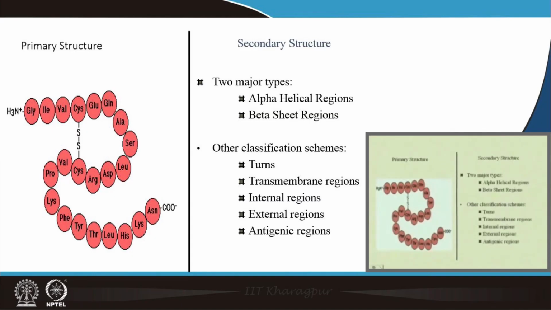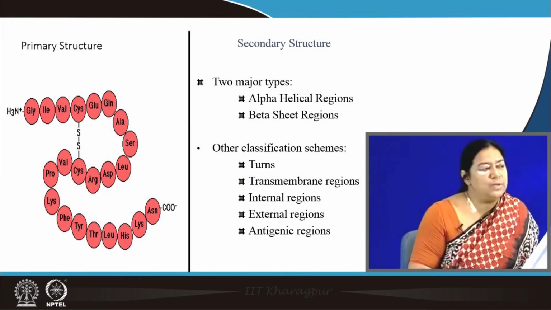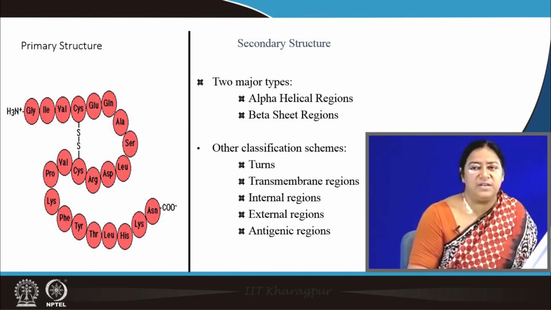There are other classification schemes which we need not go into right now, but we have to remember that apart from the primary structure, all the other structures we are going to talk about do not have any covalent linkage. So we see an alpha helix, but there is no covalent linkage between the polypeptide chain in forming the alpha helix, which is extremely important.